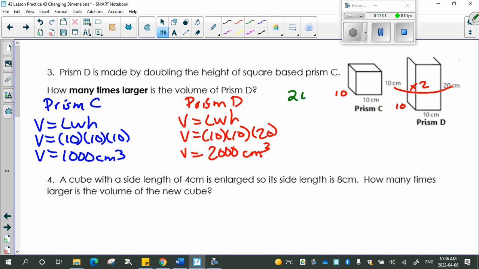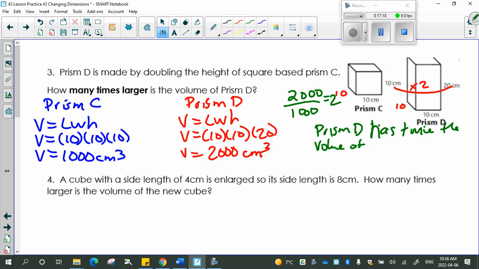You can always divide. So prism D has twice the volume of prism C.